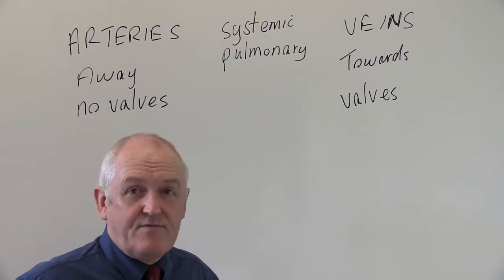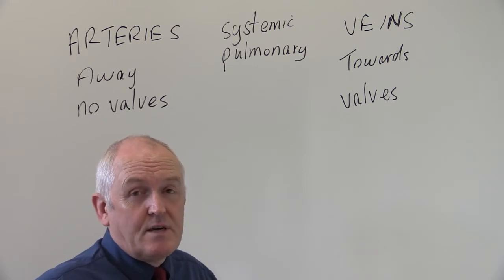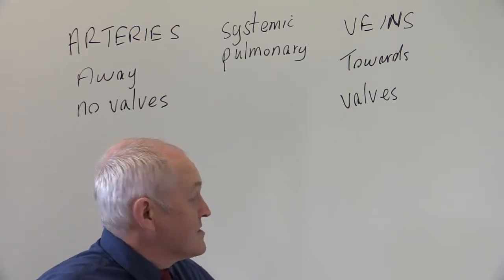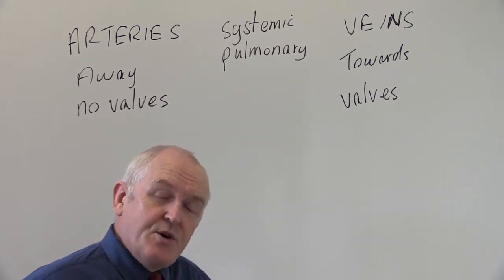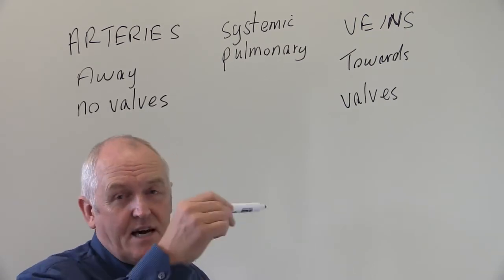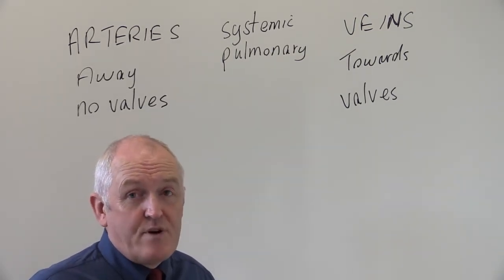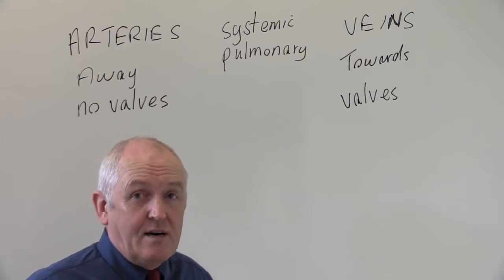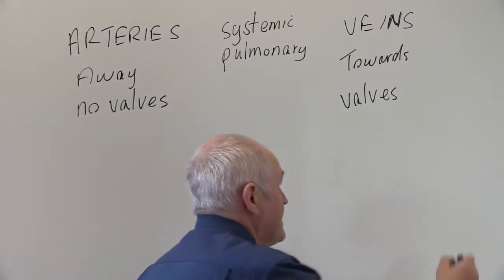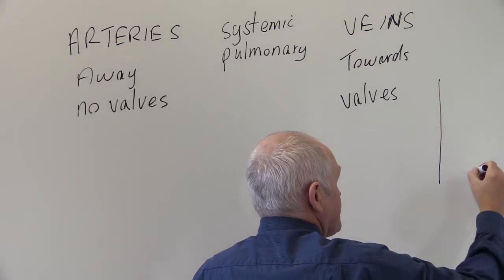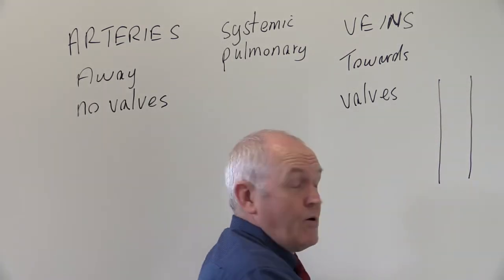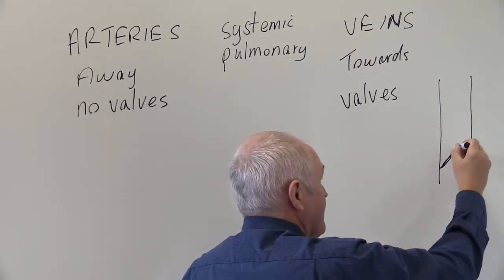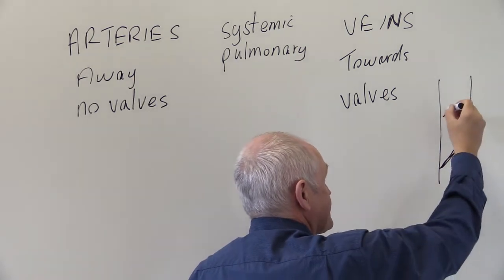But the veins don't have this luxury because they're carrying blood back towards the heart. So we have to make sure that the blood only travels in that direction, from the periphery back towards the heart. And for this reason, the veins will have valves. And the valves will point up in this direction, pointing towards the heart.